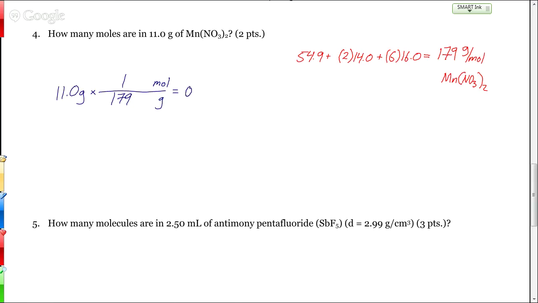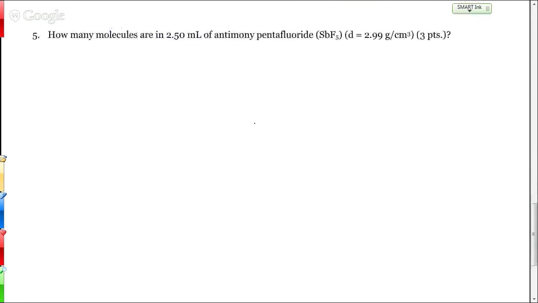And that gives us 0.0615 moles, or 6.15 times 10 to the minus 2 moles. All good? All right, great. And this one has a couple extra steps on it, but if you set it up as a conversion, it still works just as well.